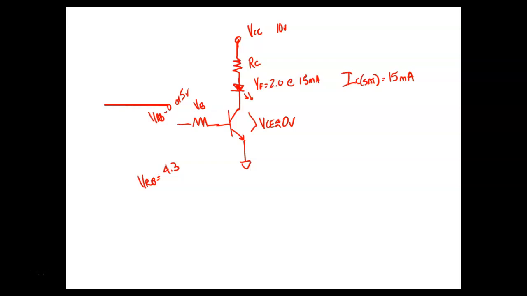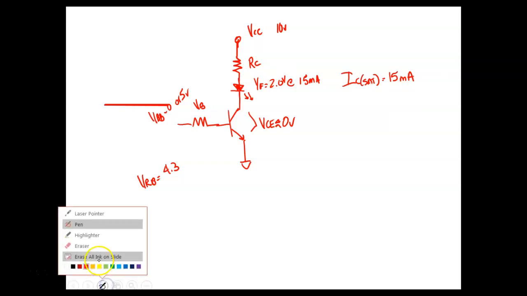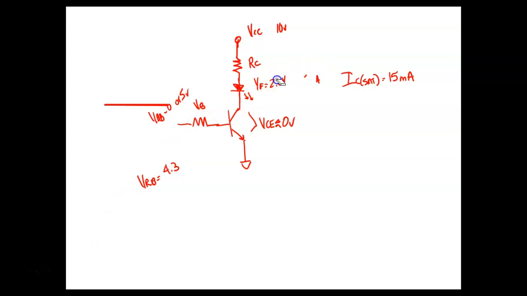What is the 2.0? I see VF 2.0 at 15 milliamps. What is that? 2 volts, 2 amps, 2 ohms? That's right. So LEDs are rated in two things. They're rated in their VF.